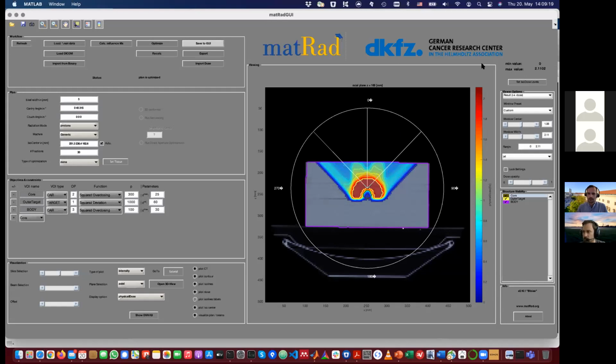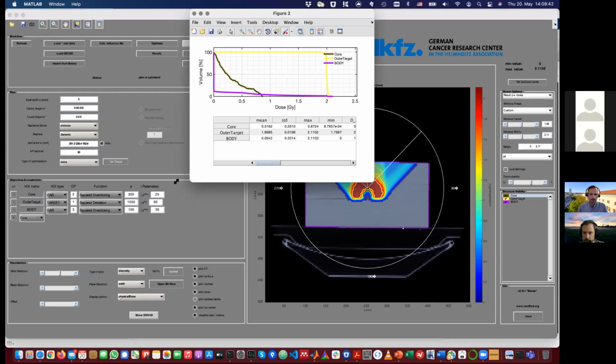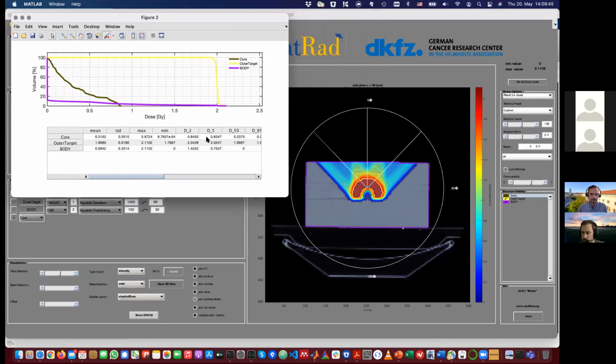And this is also why you see here on the label, it's really small written here, but it displays the physical dose in gray, and there is no biology yet involved. Now let's also have a quick look at the DVH, which looks in this 3-beam proton setup quite nice, I would say.